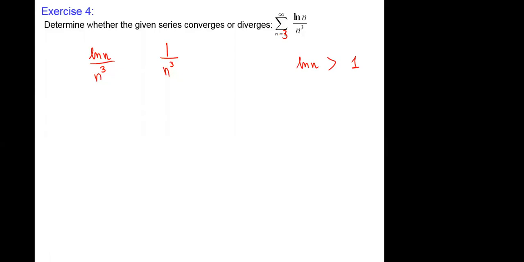That means denominators are the same, and the numerator on the left-hand side is greater. But now let's see what I really did. Do you think this infinite series, 1 over n cubed, is convergent or divergent?